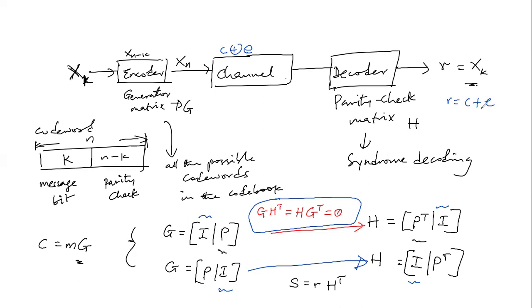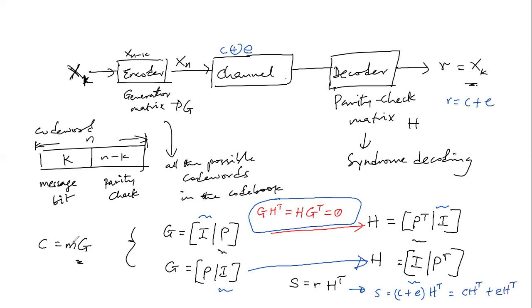It's that simple. So if we do the analysis and substitute R into this, the syndrome will be the same as C plus E, all times H transpose, which is C H transpose plus E H transpose.